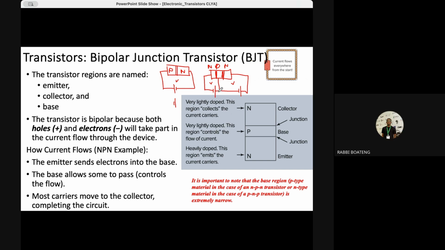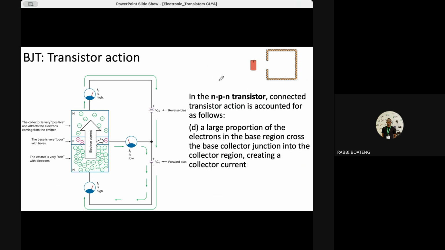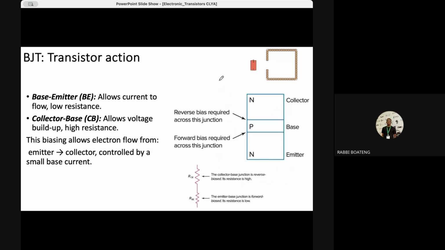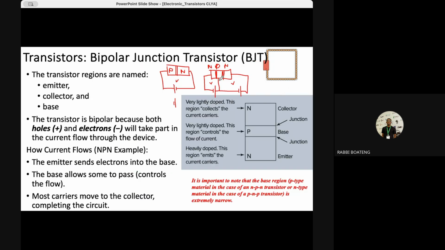Now, if I have a situation like this, I think I need a space to draw this very well. Hold on, let me see if I can get a space somewhere.